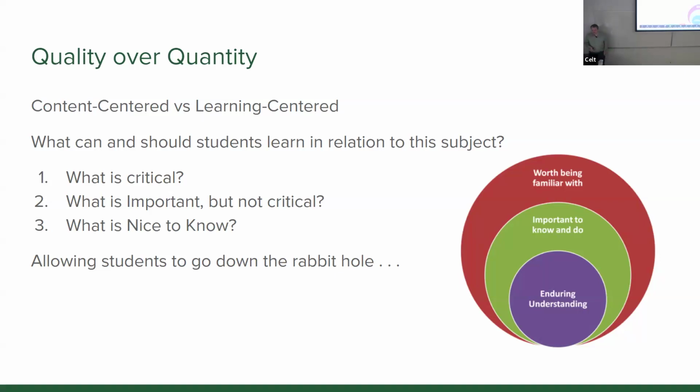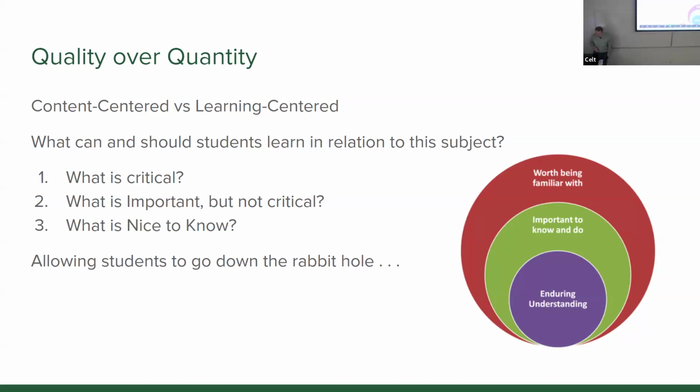So we go back to the same questions. What is critical? What is important but not critical? And what is nice to know? And one way of doing this, coming again from Fink in 2013, is identifying the heart of the issue as designing a content-centered course versus a learner-centered course. A content-centered course is basically what we all grew up with. We were students, and we've probably even taught them this way.